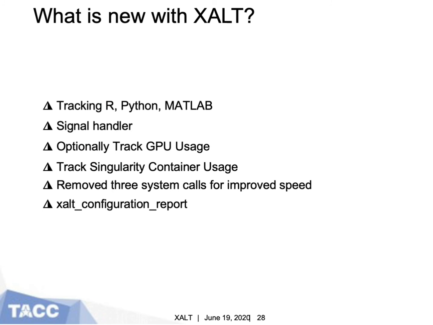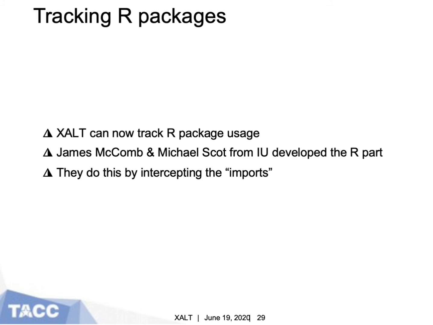XALT has constantly improved the performance to reduce the amount of time that XALT takes up. Also, the XALT configuration report can tell you how your system is configured. I'd like to thank James McCone and Michael Scott from IU because they developed the R part, and they do it by intercepting the imports.